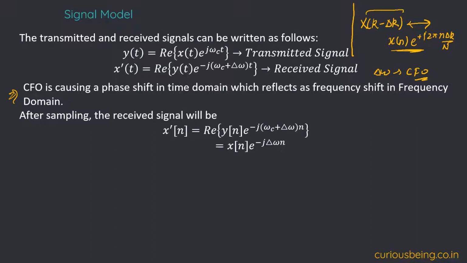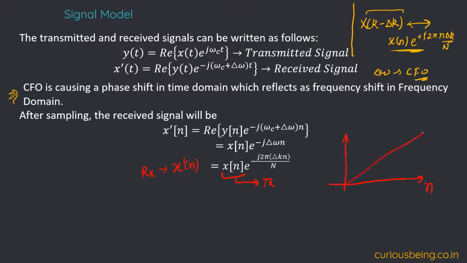So this is the input-output relationship: this is the received signal, this is the transmitted signal, and this one is the received signal. Let's say I try to draw the phase relationship with respect to time. Here time is n.